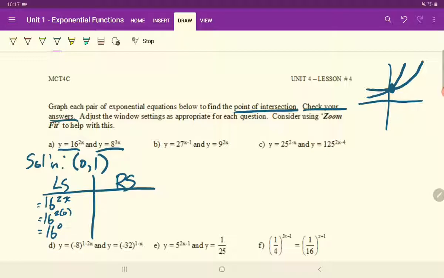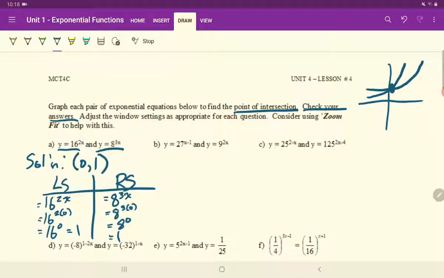Anything to the power of 0 is 1. Same thing here, 8 to the power of 3x, sub in a 0. Anything to the power of 0 is 1. So you can see that 0, 1 satisfies both of the equations, meaning that the point exists on both curves.